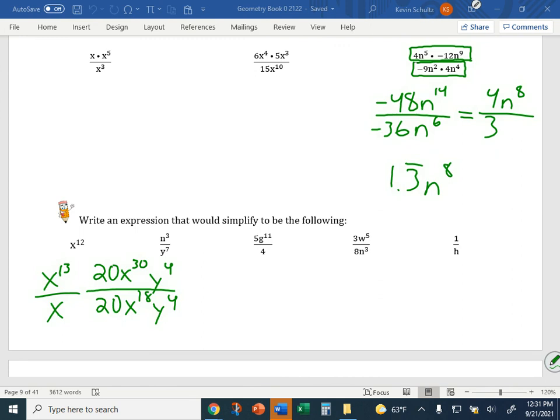I will not be the one held responsible for you putting an answer like that. 4n to the 8th over 3. Yes, it's the same value, and it is an exact answer because I have that repeating sign there. But the acceptable notation would be in fraction form, like that. 4n to the 8th over 3.